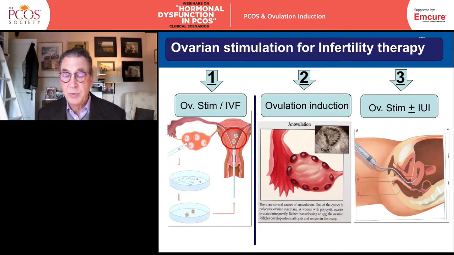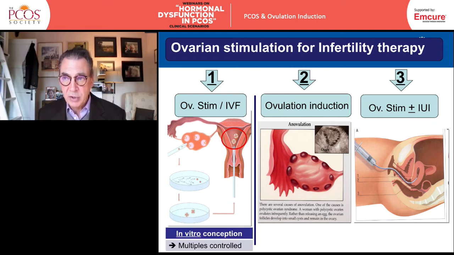Ovarian stimulation, we do that in the context of IVF, because if we have more oocytes to start with, we have increased pregnancy chances. We all know that in the context of IVF. We do that in the context of IUI, or unexplained ovarian stimulation, widely used over the world. But ovulation induction, again, we restrict that to anovulatory women with the aim to induce mono-ovulation.